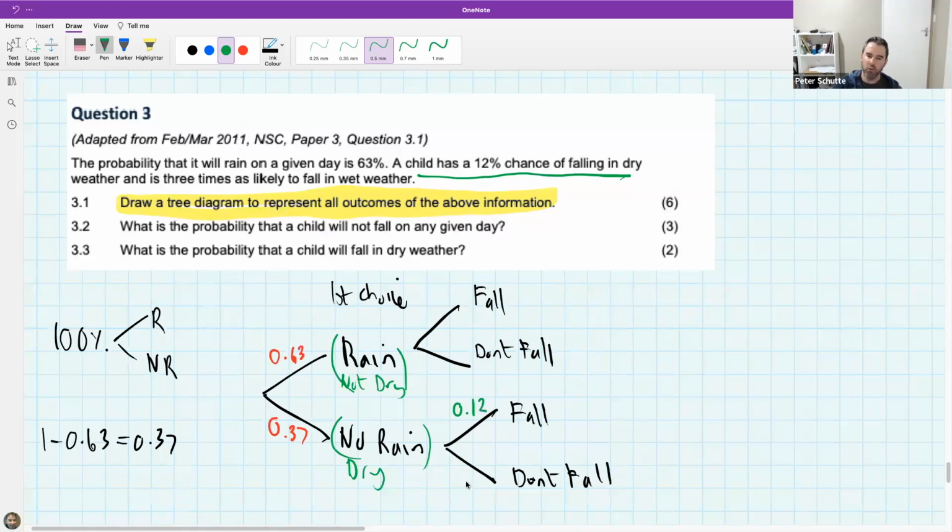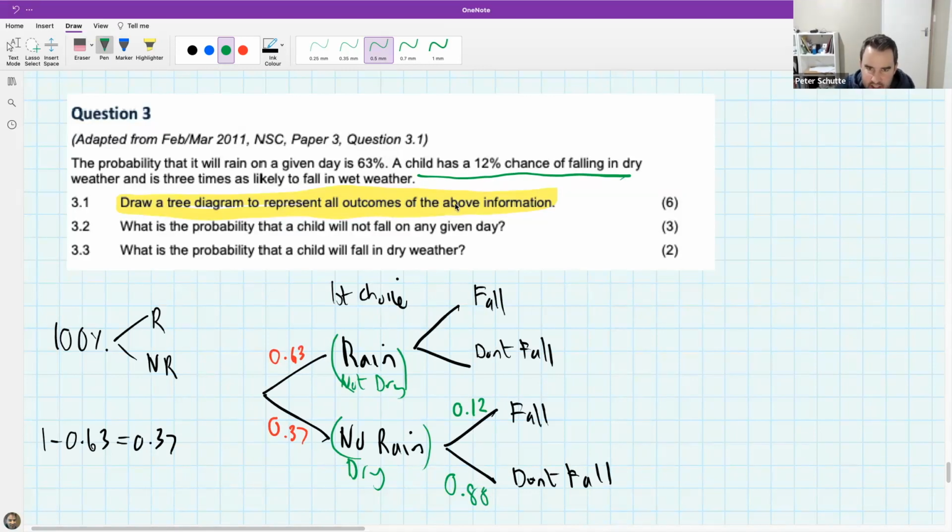What do we think has to be on the other branch? I think that on the other branch, it's going to be 0.88 because you either fall or you don't fall.